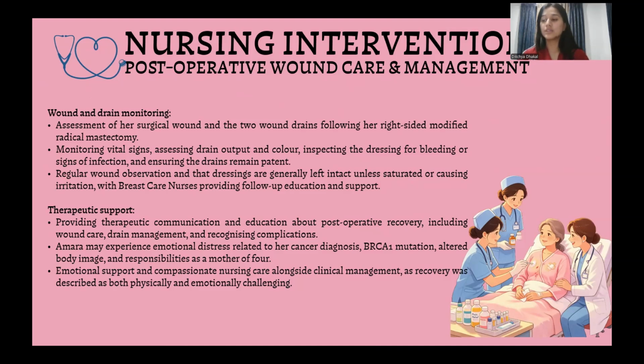Nursing care should include monitoring vital signs, assessing drain output and color, inspecting the dressing for bleeding or signs of infection, and ensuring the drains remain patent. This is important because Amara underwent extensive axillary surgery for stage 3 invasive ductal carcinoma, increasing her risk of fluid accumulation, delayed healing, and infection.